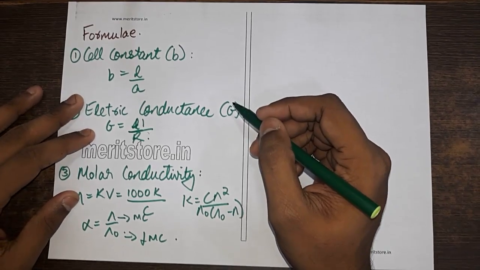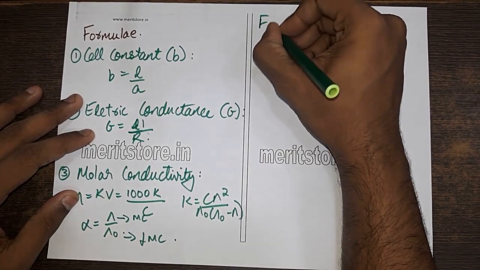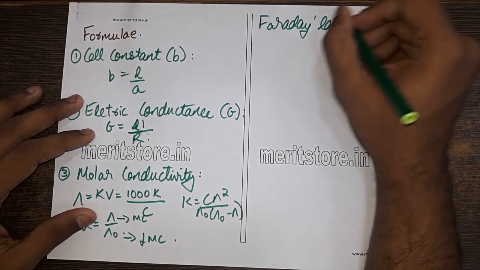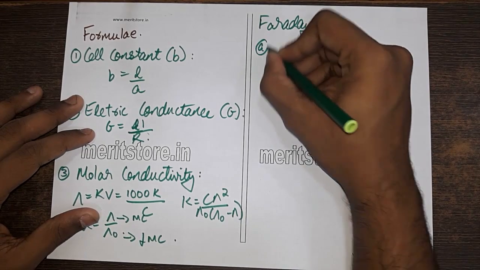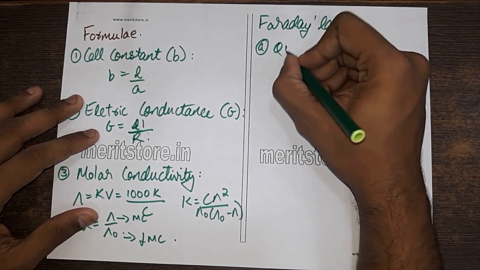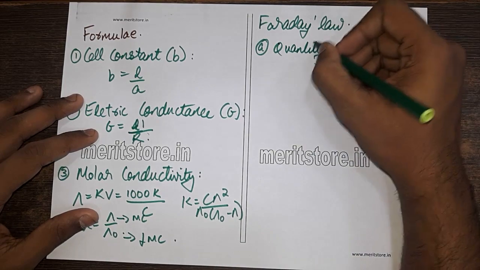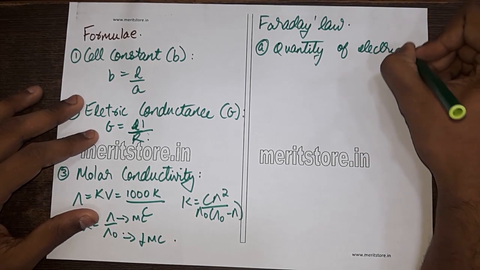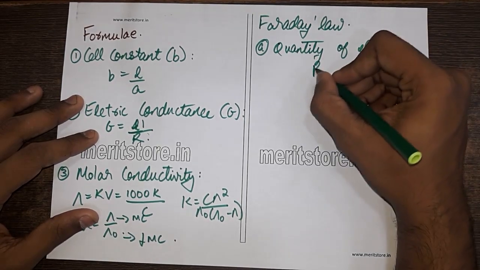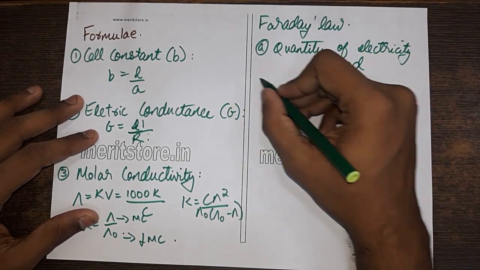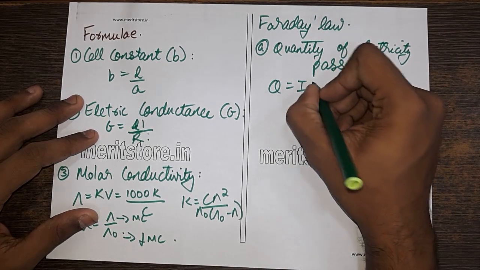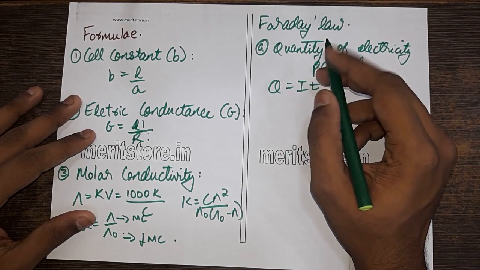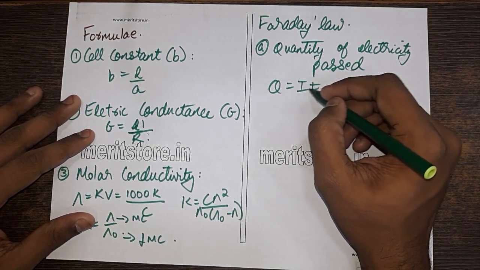Next is Faraday's laws. In the first law, we see the quantity of electricity passed. It can be given as Q is equal to IT, where Q is the quantity of electricity, I is the electric current, and T stands for time.